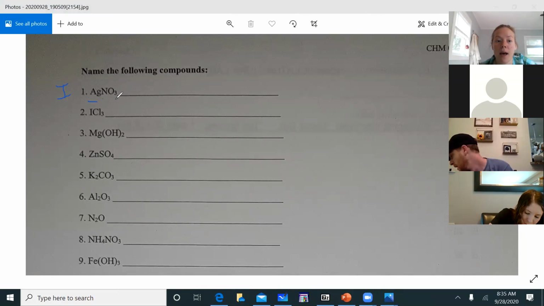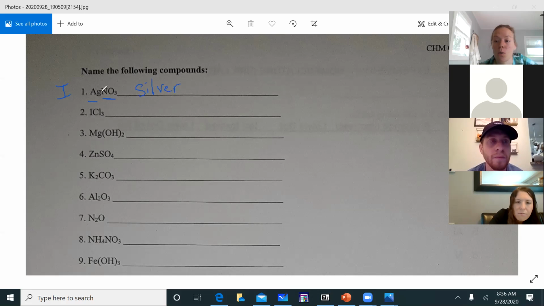And then I also have a polyatomic ion happening in this. So if I'm going to name this, I'm going to say the metal first, which is silver. I don't need to put a Roman numeral because we know silver is always a 1. And then I need to say the name of the polyatomic ion, NO3, which is nitrate. Silver nitrate.